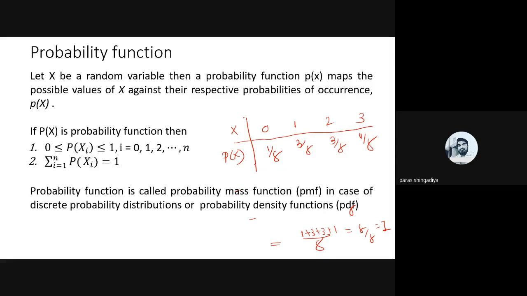If any of the conditions is not matched, then it is not a probability function. So is it clear to all, the concept of probability distribution and probability function? Is there any doubt for anyone?